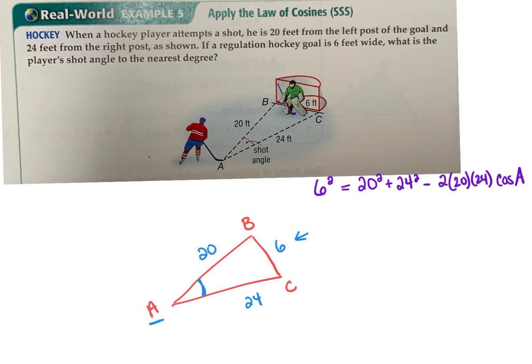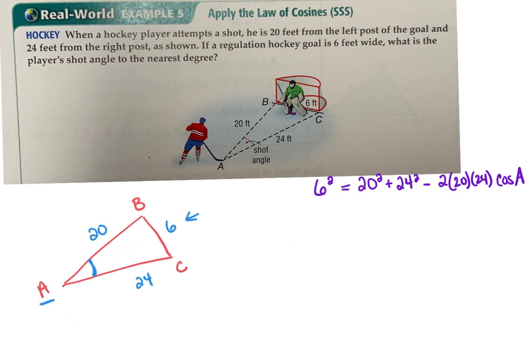And now you're just solving, okay? So we're literally just going to solve this. 6 squared, well, that's easy. 20 squared, that's also easy. 24 squared, 576. Minus 2 times 20 times 24.